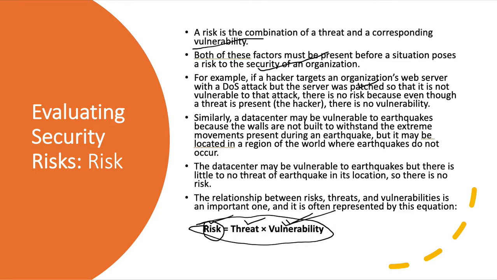The data center may be vulnerable, but an earthquake is not coming in that location, so that is not a risk. The relationship between risk, threat, and vulnerability is an important one, and it's often represented by this equation that I have already explained to you. Risk is equal to threat and vulnerabilities.